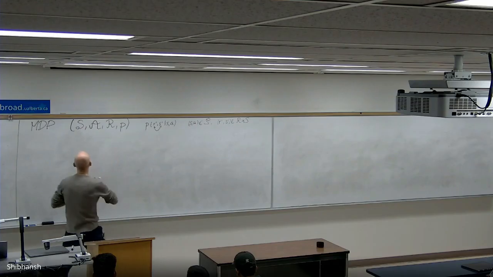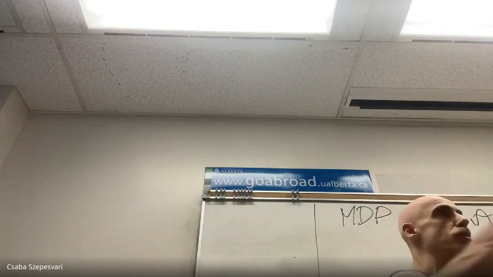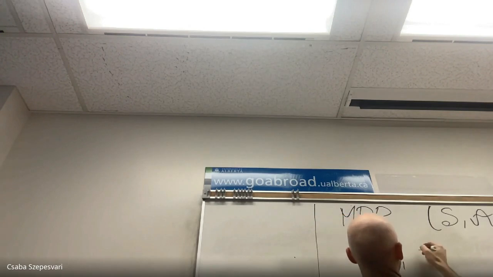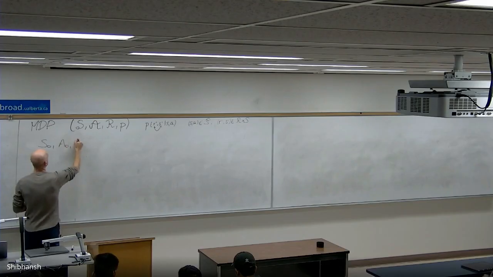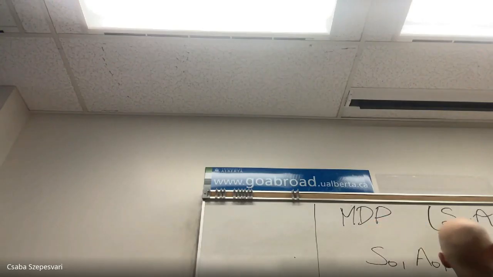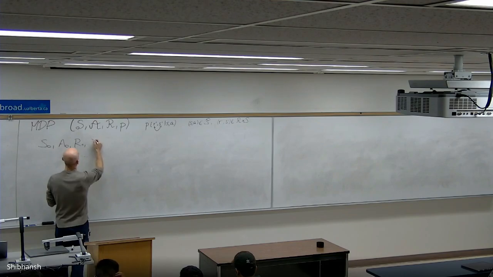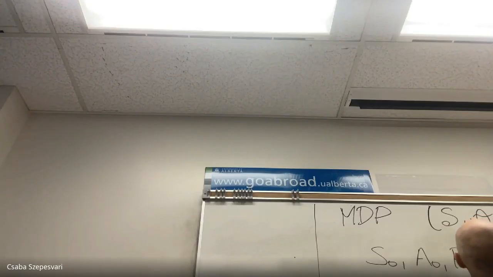When we were writing about the Markov property of this history process, you have a state, an action, a reward that is incurred as a result of using this action in this state, and then you get a next state.